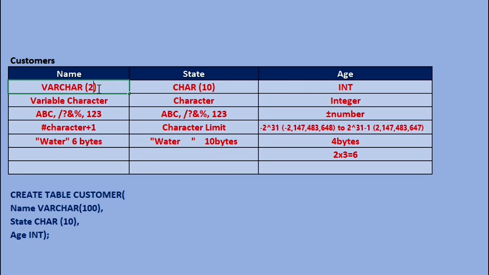Now, in a different situation, let's say we change our character limit to 2 in both varchar and char, and our string is the name of a state, for example, CA for California. Now, under the varchar data type with only 2 characters, the memory used will be 3 bytes.